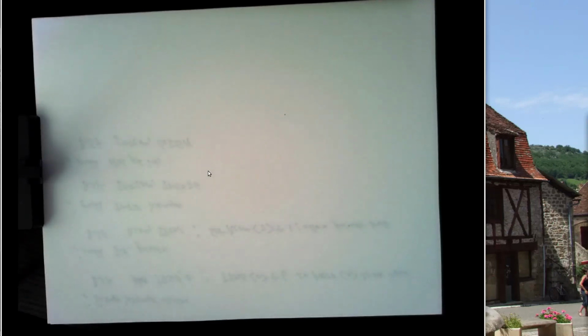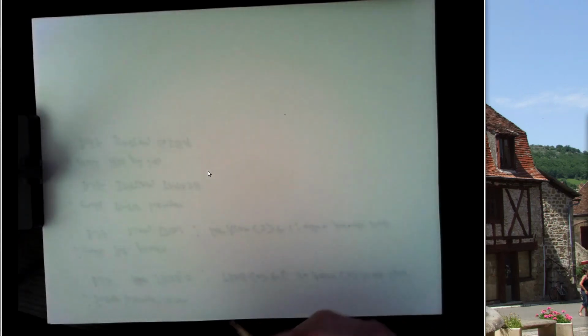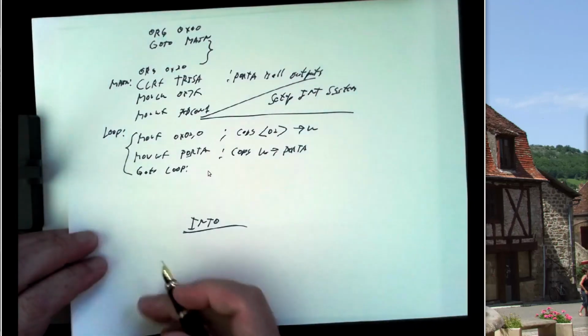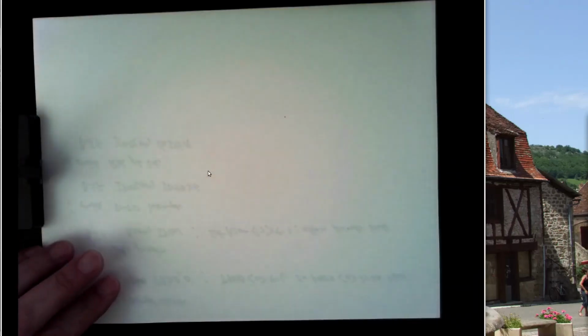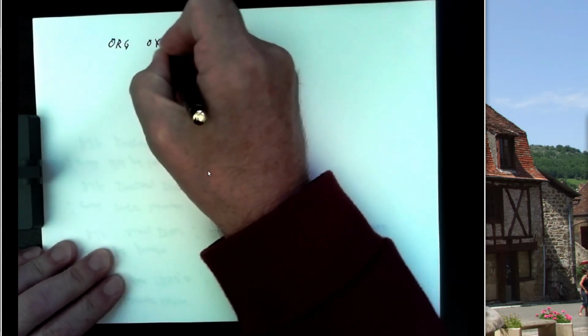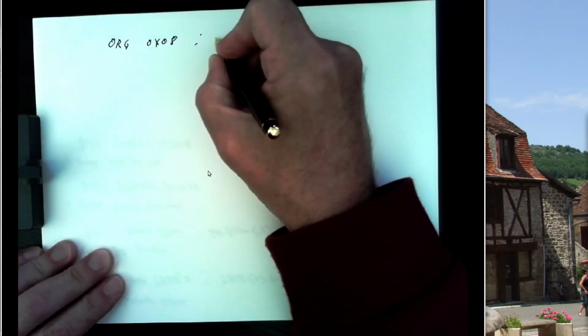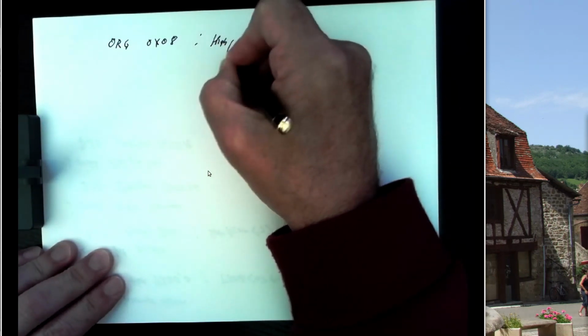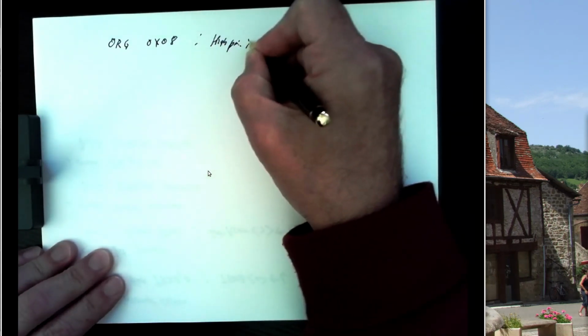We handle the interrupt however we want to, and when we're done, we'll say something like return, which will go back to where the processor was when it got interrupted. So somewhere in our program, it doesn't have to go up here, it could go down here, it could go anywhere, but somewhere in our program we need to say origin 8, and this is our high priority interrupt code.